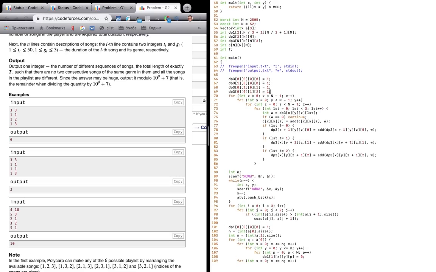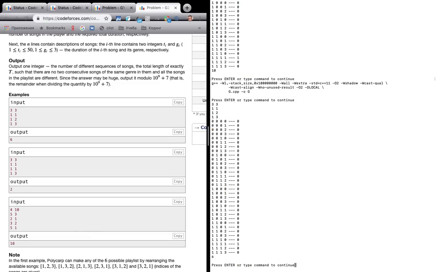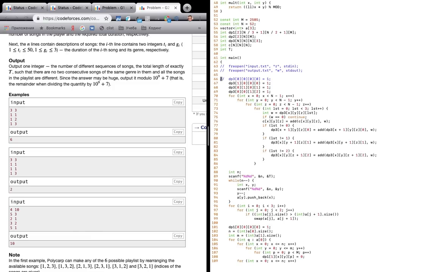So the mistake is somewhere here. Oh yeah, I added this value. Look, we can comment it out, and it will probably work. Yep, like the correct answer.